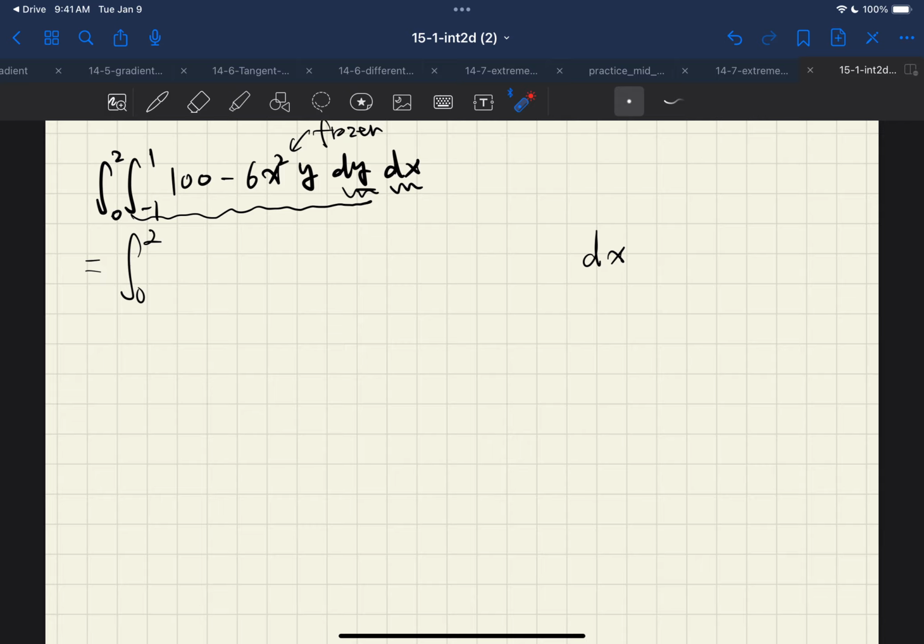So to compute this integral, the antiderivative of 100 is 100y, not x, because y is the changing variable, minus now 6x squared. Those are frozen, it's a constant. Y is the only variable, so for 6x squared, its antiderivative in y is 1/2 y squared.